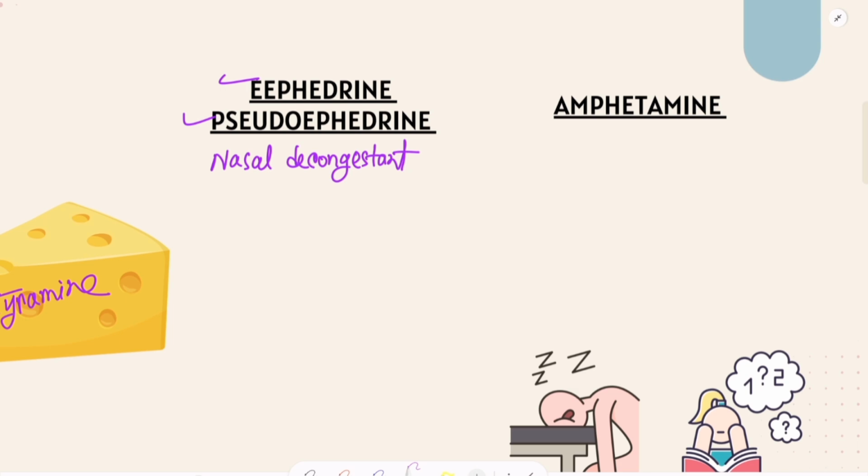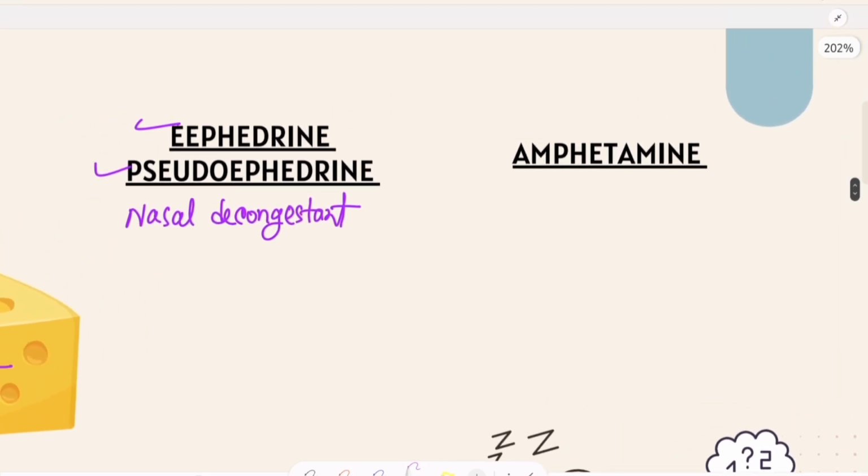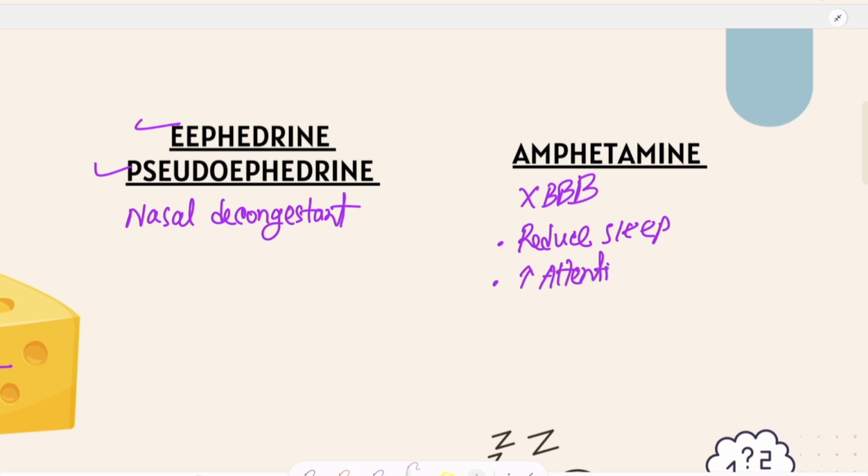Lastly, amphetamines are drugs that can cross the blood-brain barrier. So they enter into the brain and produce two main important effects. One, they reduce sleep, and the second, they increase attention span.